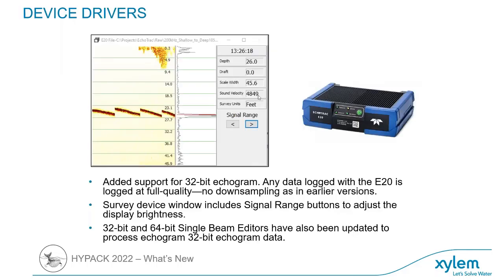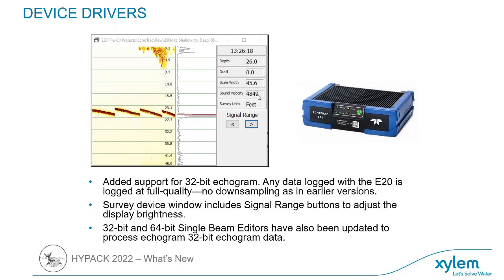Okay, device drivers. We've been working on a bunch of device drivers. We worked on this about a year ago, maybe, the EchoTrack E20 driver. We've added the support for the 32-bit echograms, but we had noticed it was okay survey-wise, but during the processing, and we'll cover that a little bit later too, it took a while to load up the files.